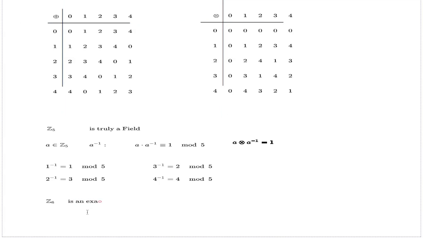The answer to that will be that Z6 in fact satisfies every axiom of a field besides the existence of the multiplicative inverse, and that's why it is a ring but not a field.